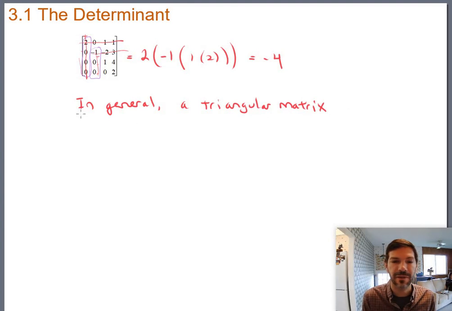A triangular matrix, the determinant is the product of the main diagonal.